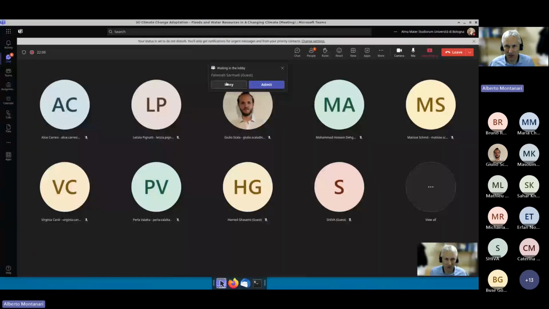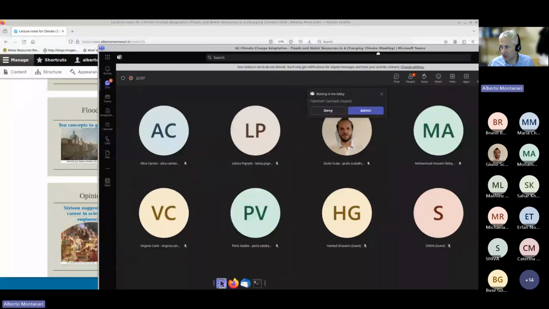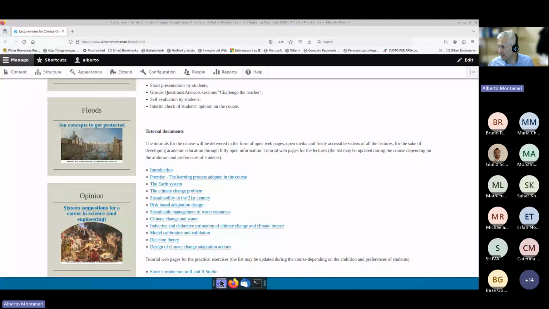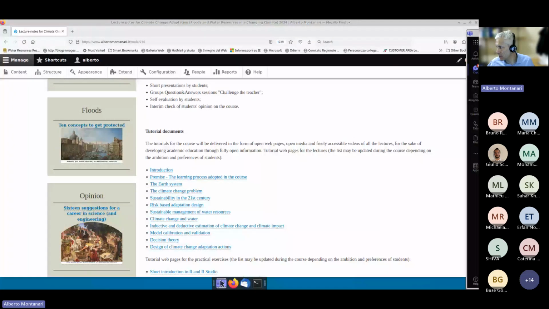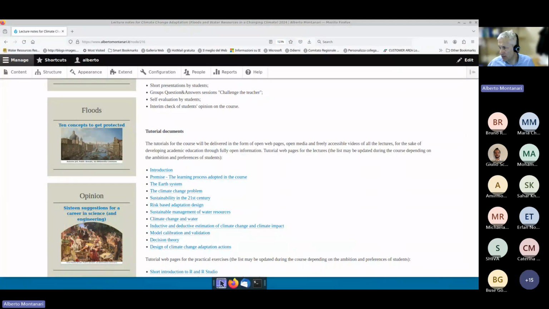Thank you. Let me just change to the other screen. I put the Teams window on the other screen so I can look at the chat and see if somebody's in the lobby. Okay.